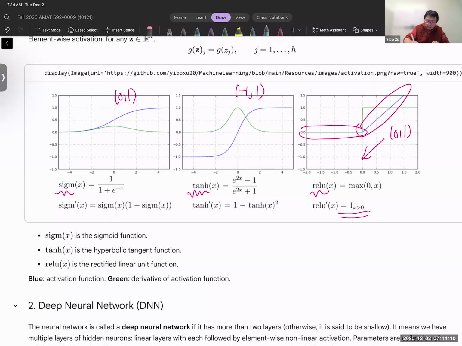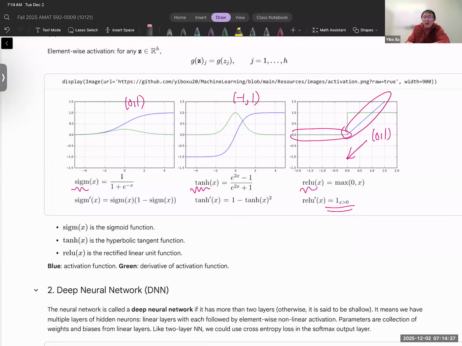The hyperbolic tangent has derivative one minus hyperbolic tangent squared. We calculated in the homework that the derivative of the sigmoid is also easy to compute: it's sigmoid times one minus sigmoid.